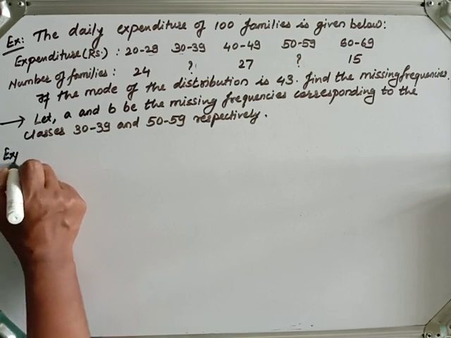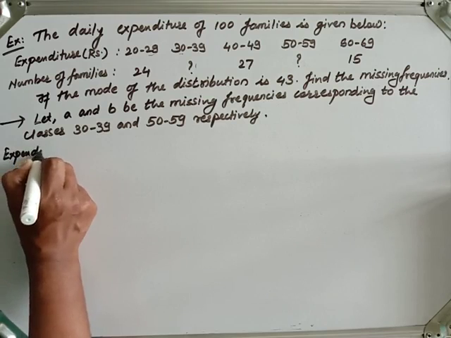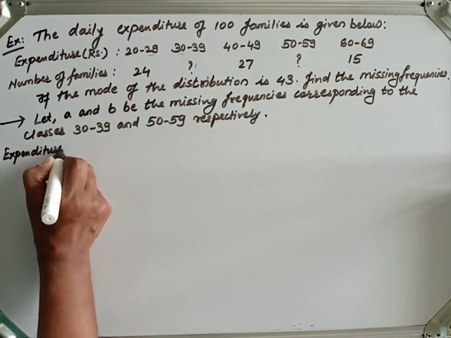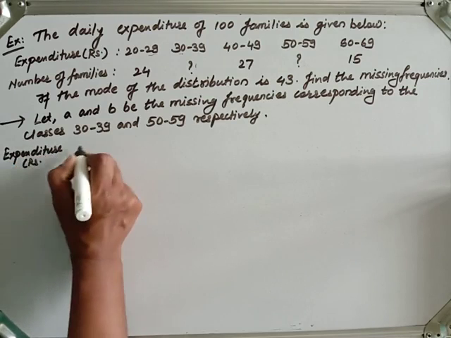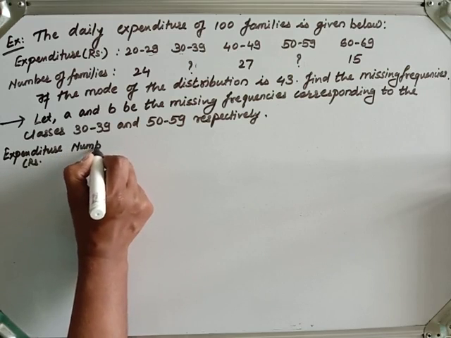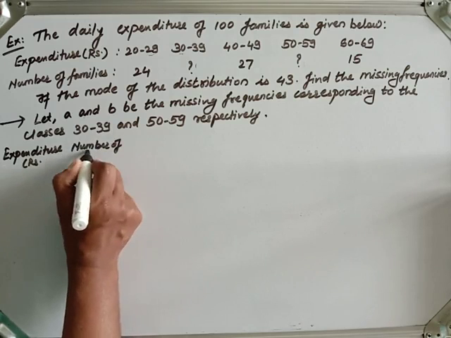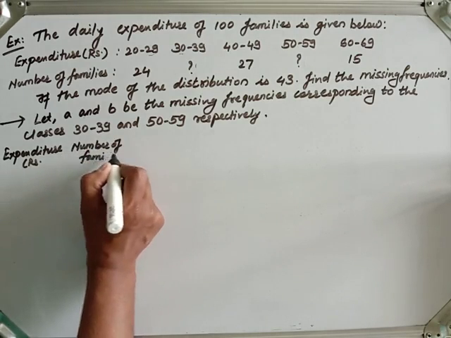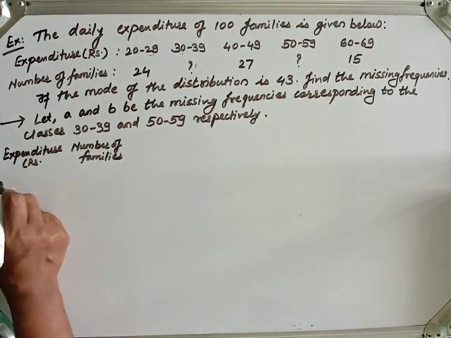So suppose expenditure, now this is in rupees, and number of families means what? Frequency. Number of families. Suppose this is our data.